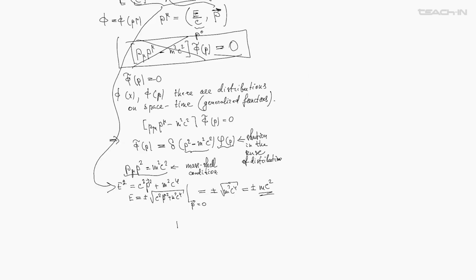They put from the very beginning c and h bar equal to 1, and then the mass shell condition is simply written as p mu squared is equal to m squared. Mass squared is equal to the four-momentum squared of a particle. Yes, this looks much easier. Yeah, it looks simple and nice and very recognizable.